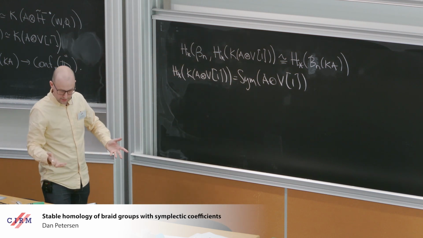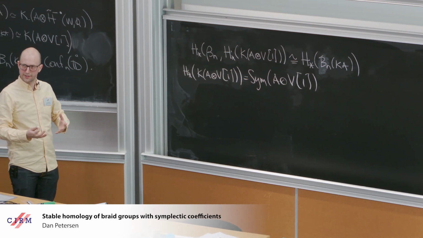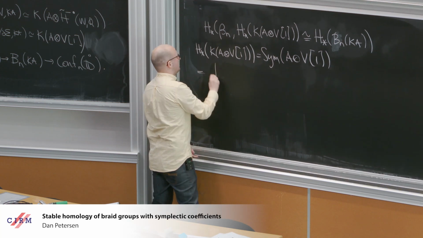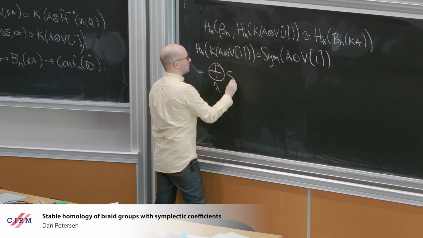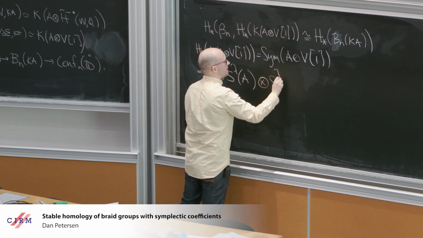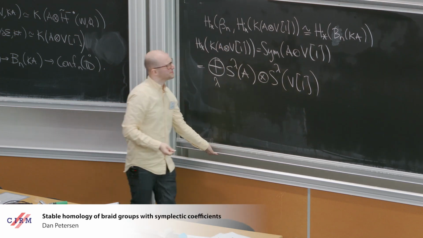Now we have to remember how to calculate the symmetric algebra of a tensor product. This is called the Cauchy identity. It's a sum over all Schur functors, S lambda of A tensor S lambda of B shifted by 1.